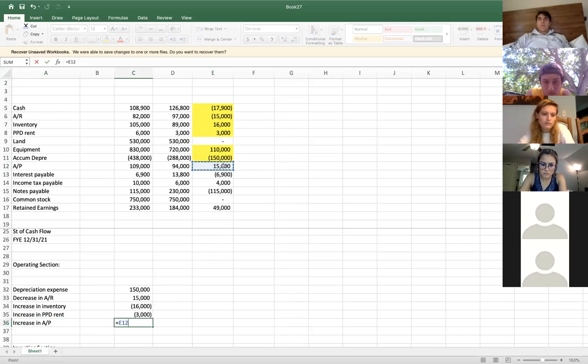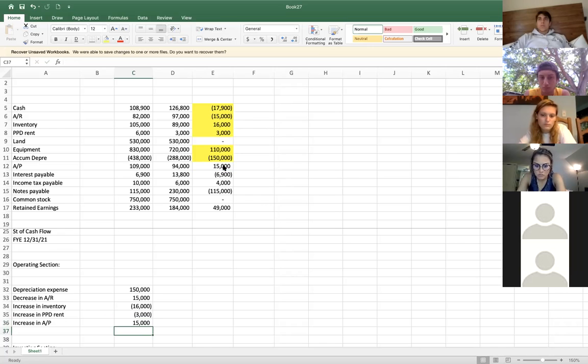Well, if accounts payable went up, that means I owe more people money, right? If I owe more people money, it's going to be an inflow, exactly. Because if I owe more people money, that means I didn't spend money.